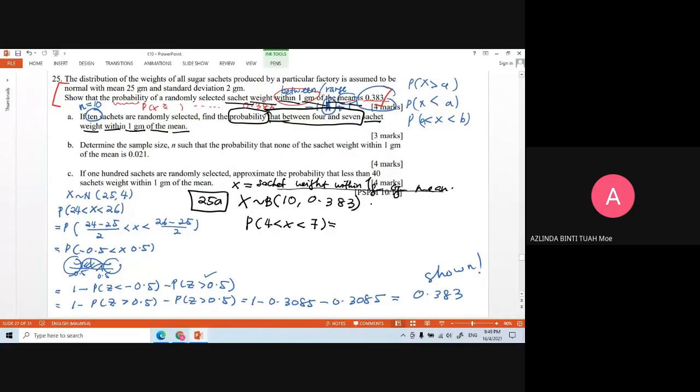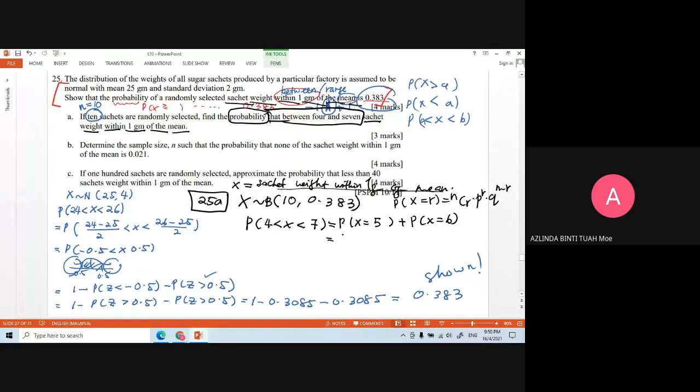Jadi tak ada cara lain, kena gunakan formula P(X = R) equals to NCR, P power of R, Q power of N minus R. Dia kena nampak equal. So meaning that 4 until 7, X is equals to apa dengan apa? 5 and 6.